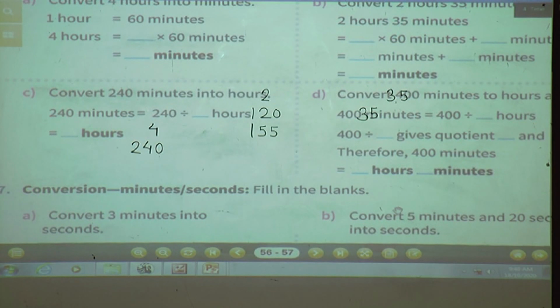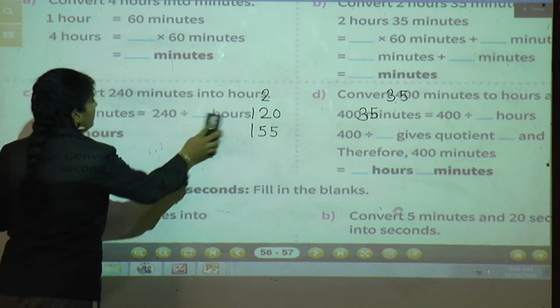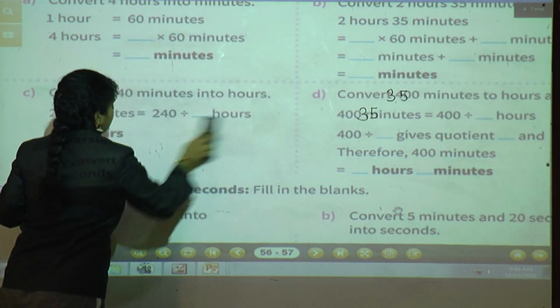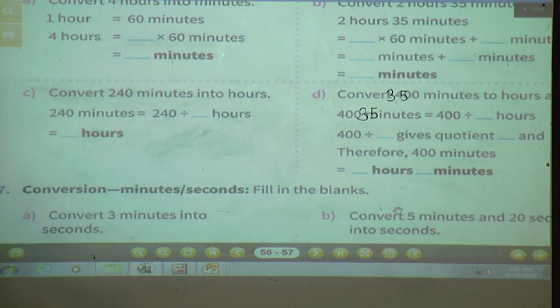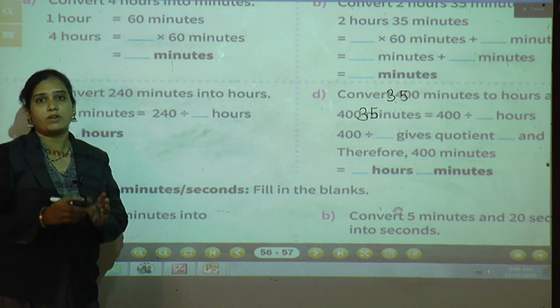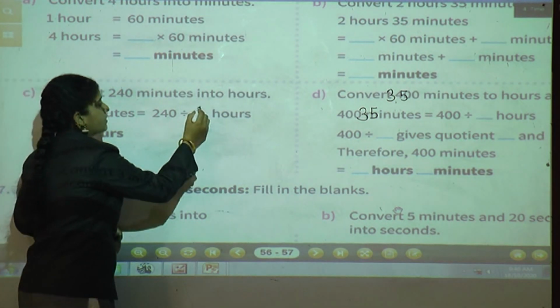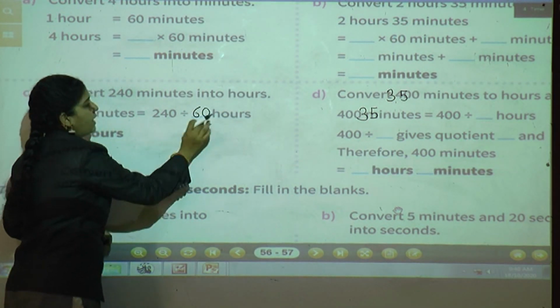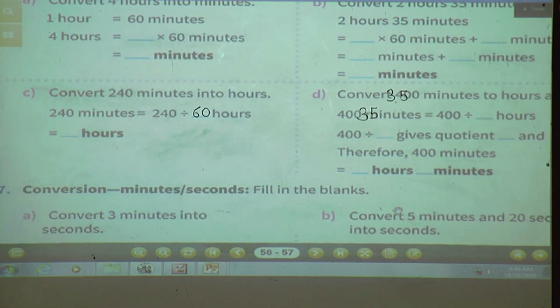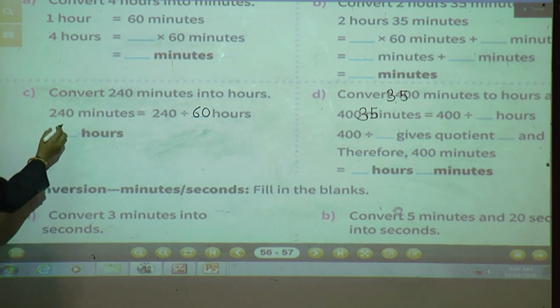Okay. Now C1. Here convert 240 minutes into hours. Okay. 240 minutes into hours. You know that 1 hour is equal to 60 minutes. So just divide 240 by 60. So you will get, yes students, 40.